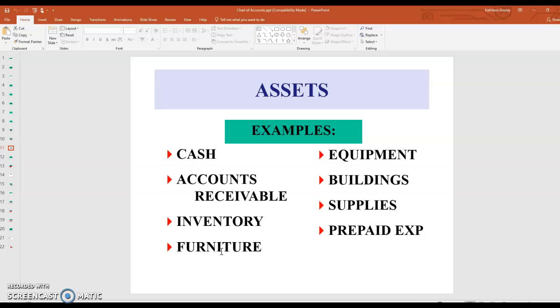Prepaid expenses, as I said, would include something like prepaid insurance. If we purchase an insurance policy today, we now own that insurance policy. Now, once any time has gone by, that insurance has covered us. So if you buy a car insurance policy and a month later you say, okay, I'm going to get rid of this car, I don't need this insurance policy, I want my money back, they're not going to give you all your money back, only part of your money.